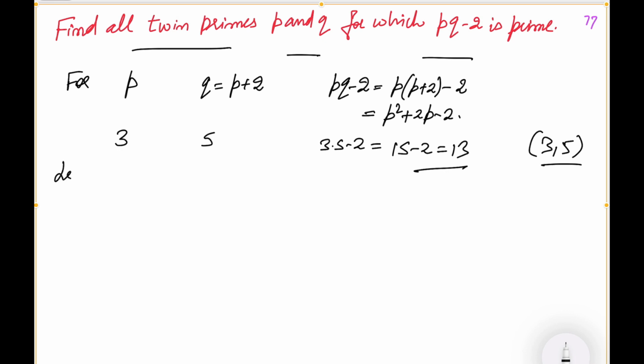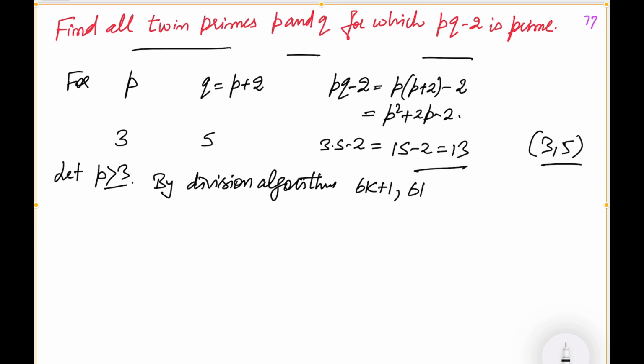Now let's try the options where p is strictly greater than 3. By the division algorithm, when we divide any number by 6, if it is prime we are left with only two options, 6k plus 1 and 6k plus 5, because in all other cases it's not prime. For the first option 6k plus 1, p plus 2 is 6k plus 3, which is not prime.